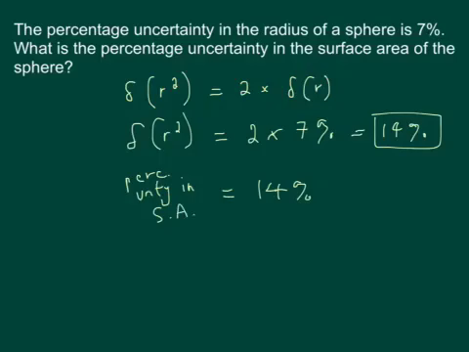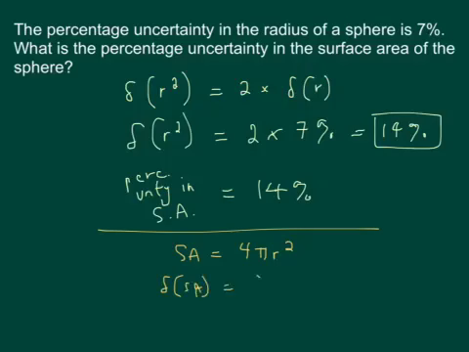Here's why. You may not know this, but the surface area equation for a sphere is 4 pi r squared. Now, if you want to know the percentage uncertainty in the surface area, it's going to be equal to the percentage uncertainty in 4 pi plus the percentage uncertainty in r squared.